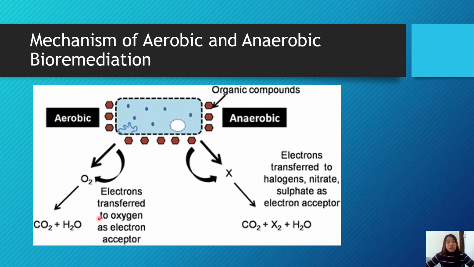The contaminants that they have absorbed, for example hydrocarbons, they have already transformed into their energy, so it is already used up. For anaerobic, the same mechanism, wherein instead of oxygen, they use halogens or nitrates or sulfates as their electron acceptor, and the final products are carbon dioxide and water plus another gas. This could be methane or others.